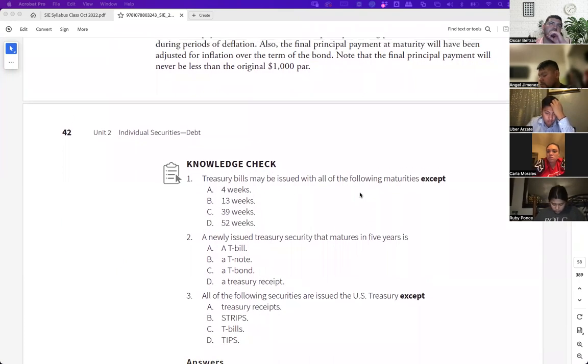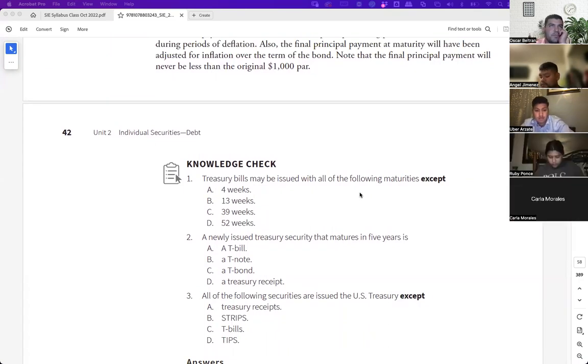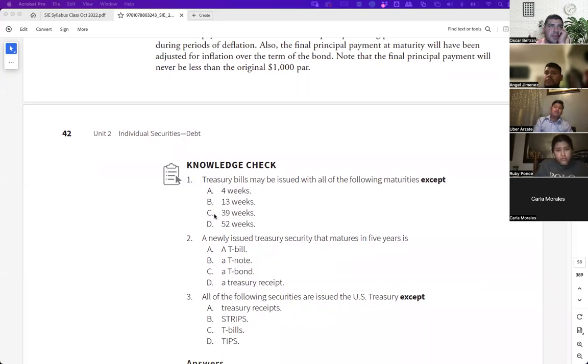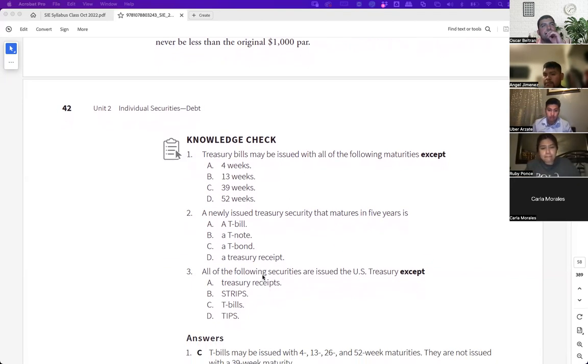All right, so here, T-bills may be issued with all the following maturities except, which one is it? C, as in cow. Cool. And then 2, a newly issued treasury security that matures in 5 years. So you've got to memorize the maturity dates. B, T-note. All right, cool.